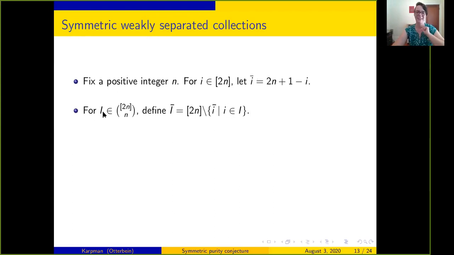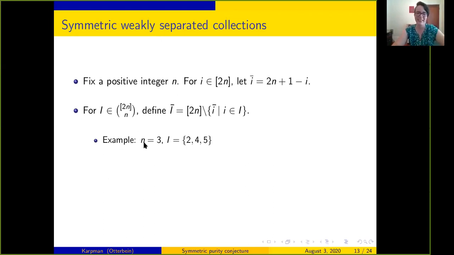If I have an n-element set I, bar of capital I does not mean take bar of every element of capital I. It means take the complement of that in the set of integers from 1 up to 2n. So I hope that is not too counterintuitive.